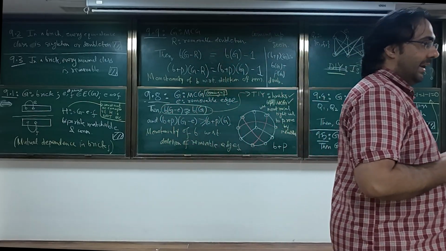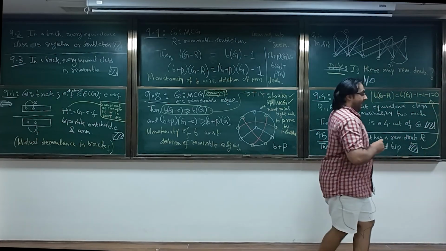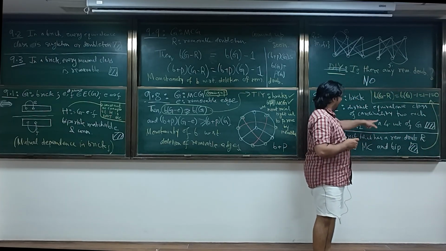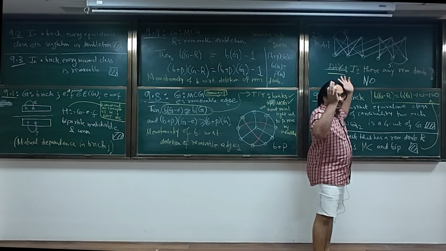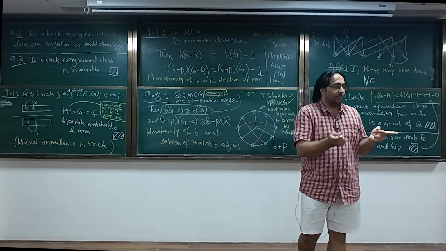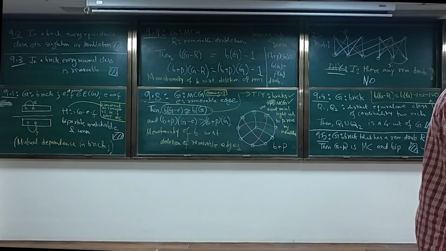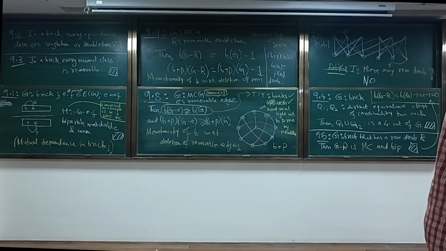It proves something about highly connected bricks. If I have a highly connected brick, let's say a 5 connected brick, then it cannot have 2 removable doubletons, but it may still have 1 removable doubleton, and now we don't know if there is a removable edge.